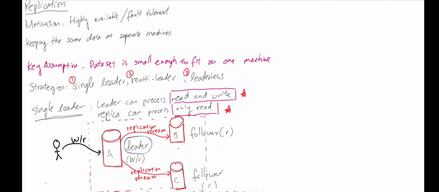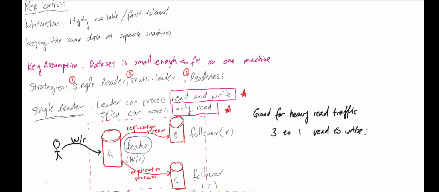So in this configuration, this is very good for heavy read traffic, because we can essentially do a 3-to-1 read to write ratio, because we have 3 shards that can handle reads and only 1 shard that can handle write. So the single leader is great for heavy read traffic applications.